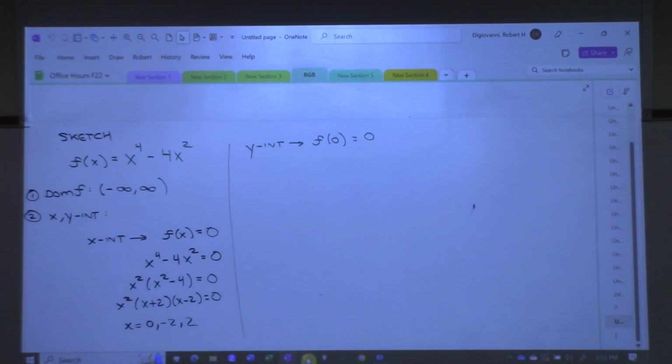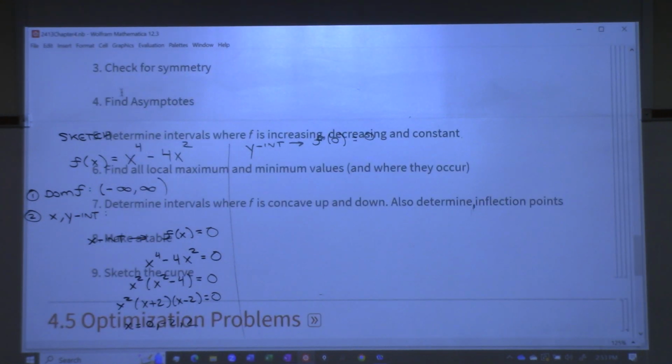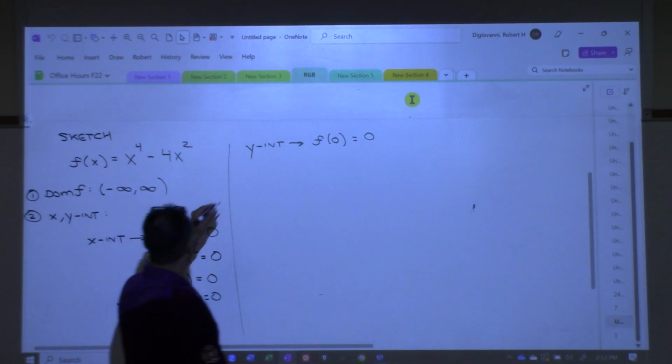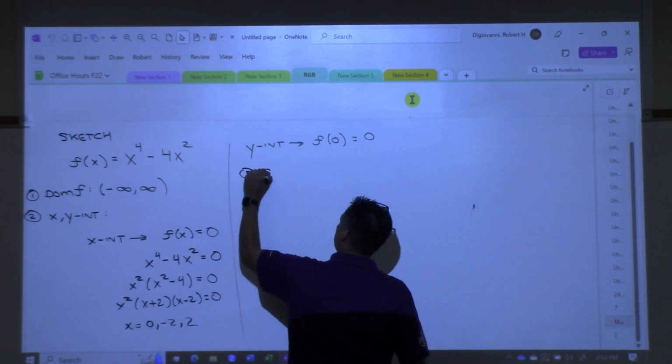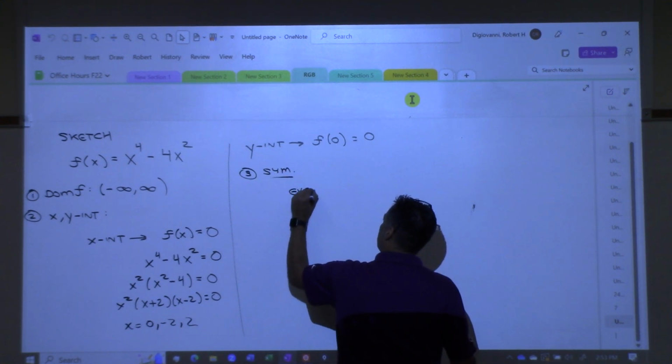Now the next thing we do, step 3, is check for symmetry. To check for symmetry, I need to see if this function is even or odd. This again goes back to a college algebra idea. So I'm going to ask, is this an even function?